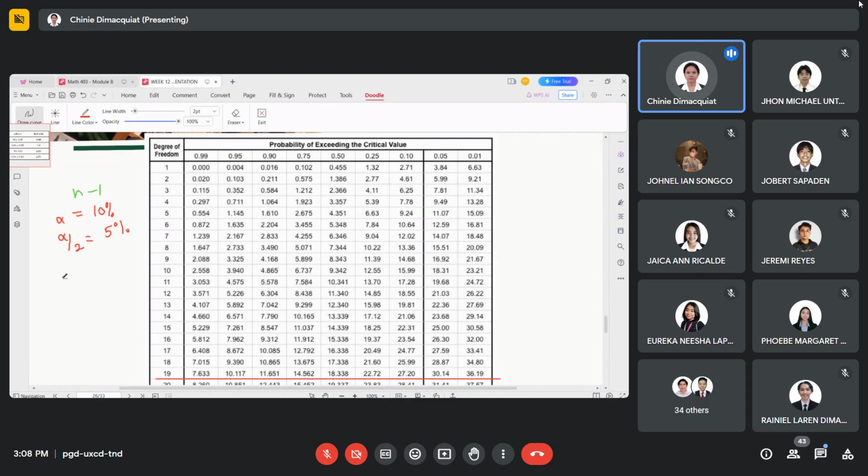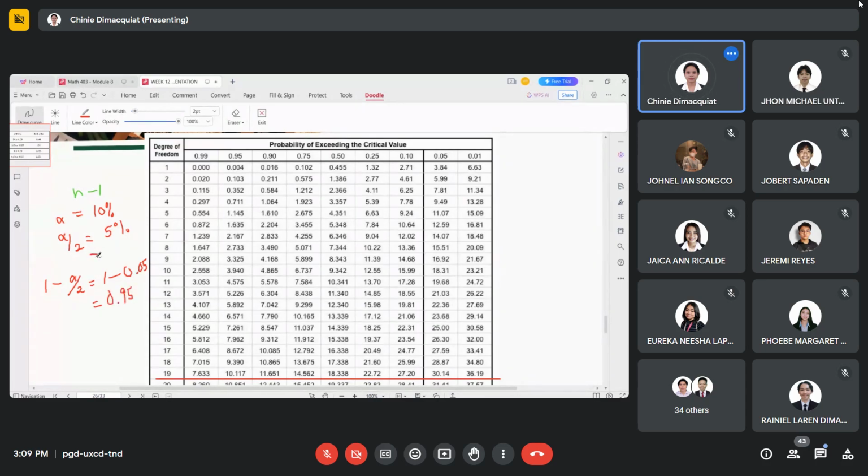And para naman dun sa kabilang critical value, so we'll have 1 minus alpha over 2. So, we'll have 1 minus 5%. Ang ating 5% ay 0.05. So, 1 minus 0.05. So, we'll have 0.95.